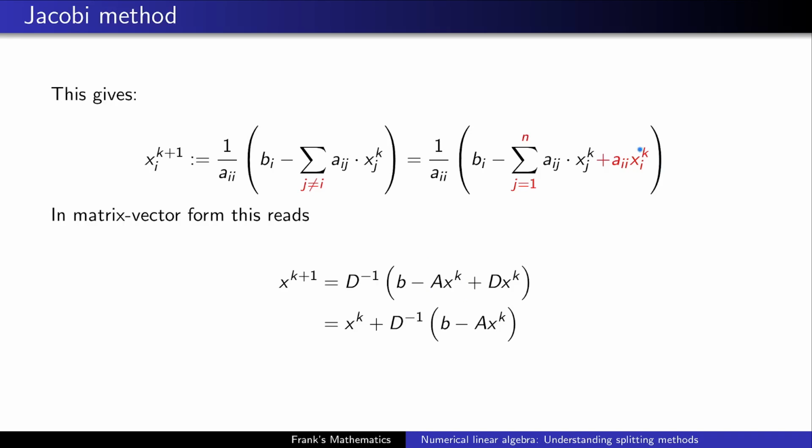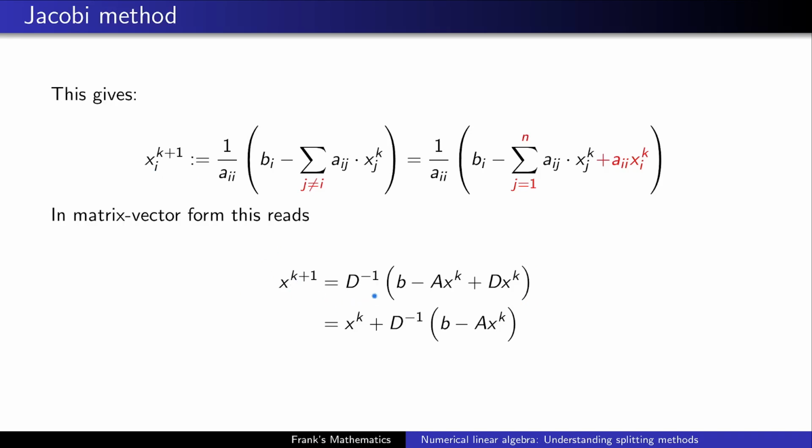And this value here is just the ith component of the vector D times x^k. And if you make use of this and do this for all components, for all i from 1 to n, you end up with this vector formulation here.